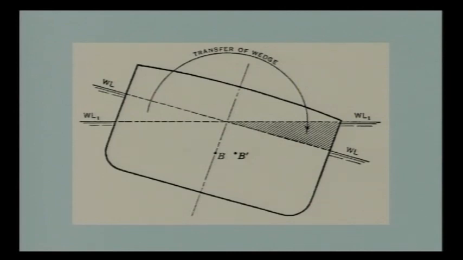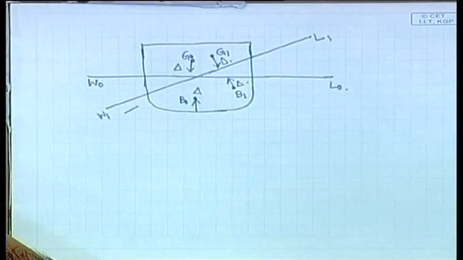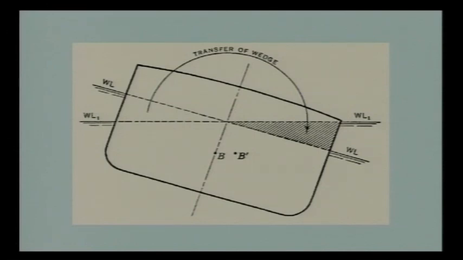Now, this WL was horizontal, and this W1 L1 is also horizontal, and so a new wedge, a small section of volume, has gone inside the water now, and the same section of volume has actually come out of the water on the other side. Okay. All right.